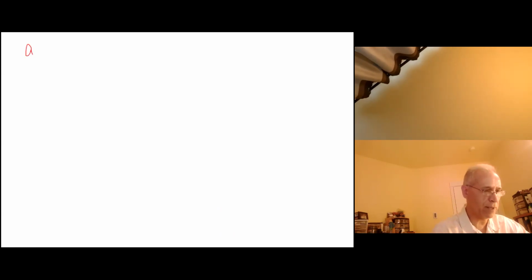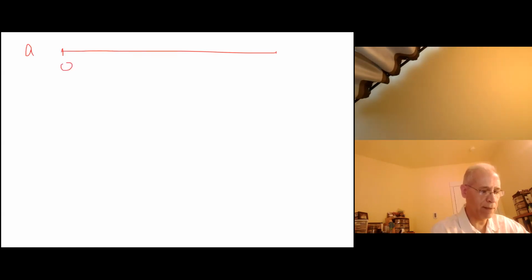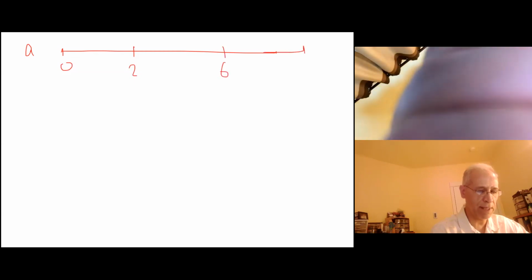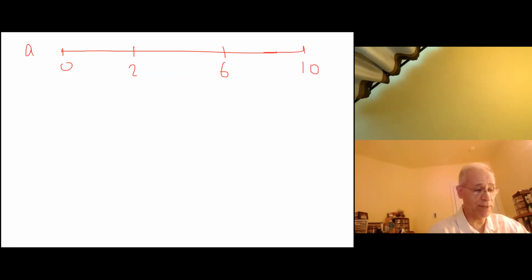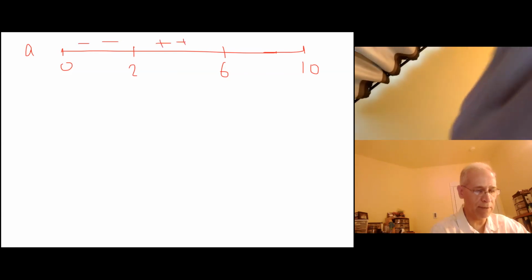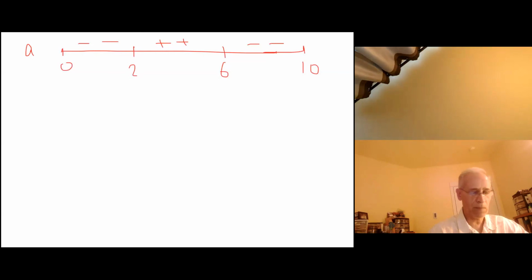Now let me go to another page. For acceleration, we said it is 0 at 2, at 6, and at 10. Plugging numbers in between into the acceleration, I get negatives between 0 and 2, positives between 2 and 6, and negatives again after 6. Now, what did we have for velocity?